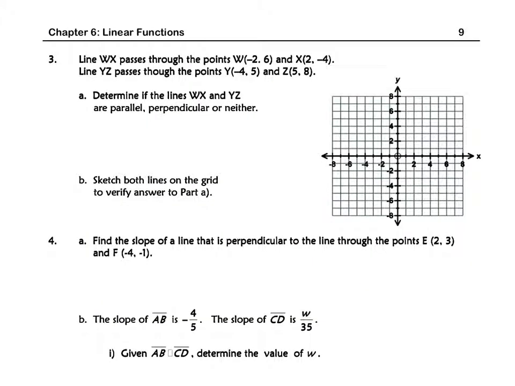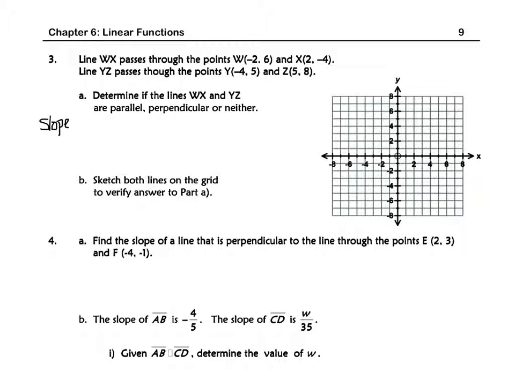Alright, example 3 gives you coordinates of a line WX and coordinates of a line YZ, and it asks you to determine whether or not they're parallel, perpendicular, or neither. So the thing we need to do there to help us determine that would be to find the slope of each of those lines.